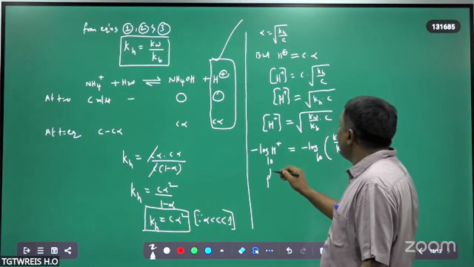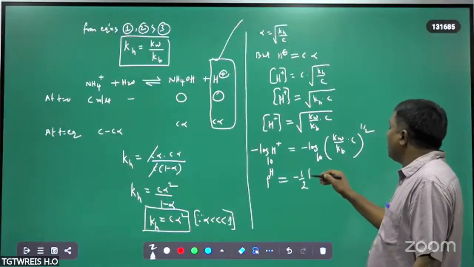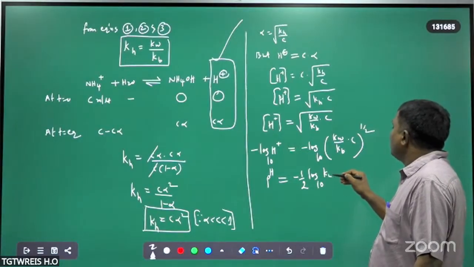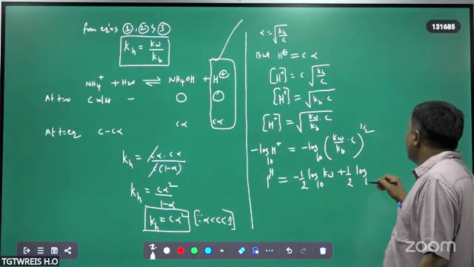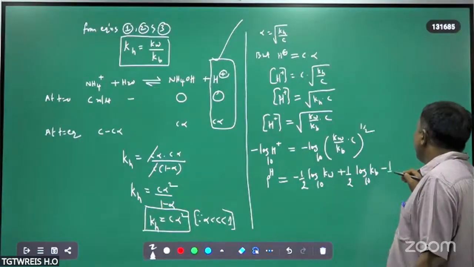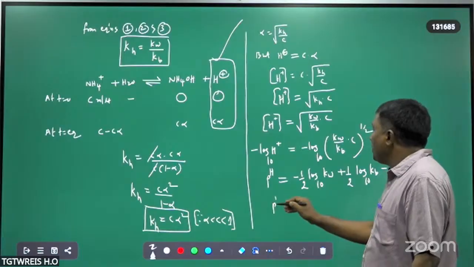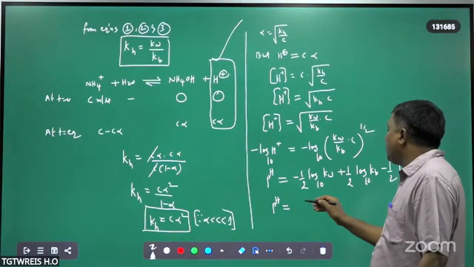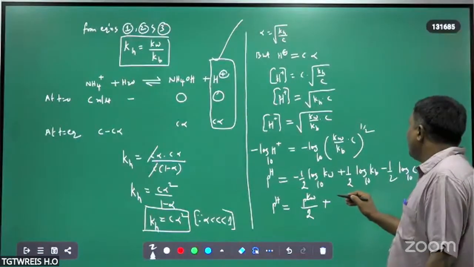So pH is equal to minus 1 by 2 log base 10 Kw plus 1 by 2 log base 10 Kb plus 1 by 2 log base 10 C. So pH is equal to pKw by 2 plus 1 by 2 pKb, minus 1 by 2 log C.